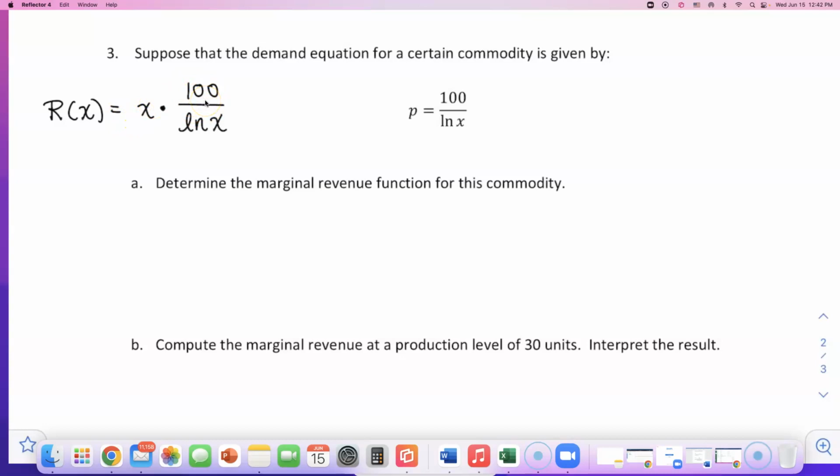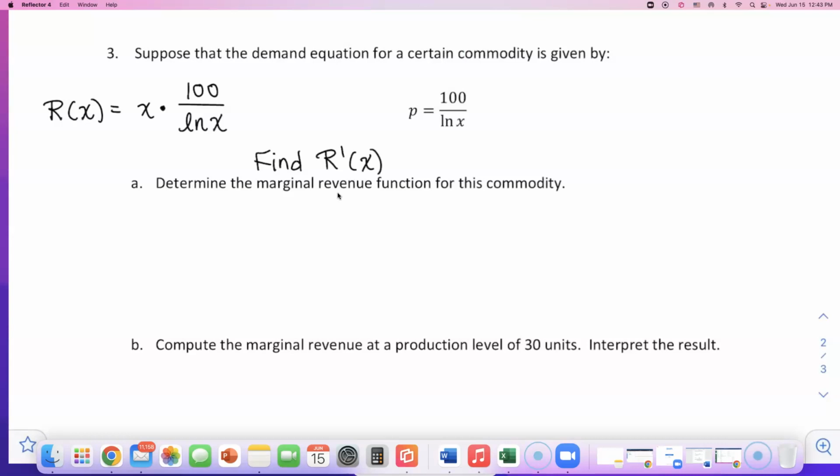But that's not what they want. They want you to find the marginal revenue, so they want you to find R prime of X.